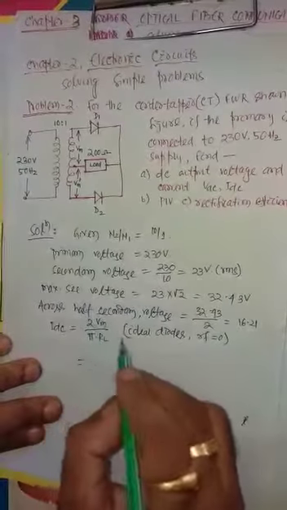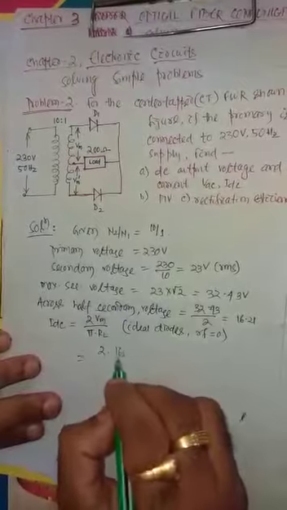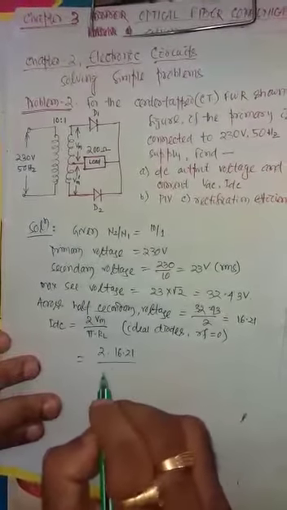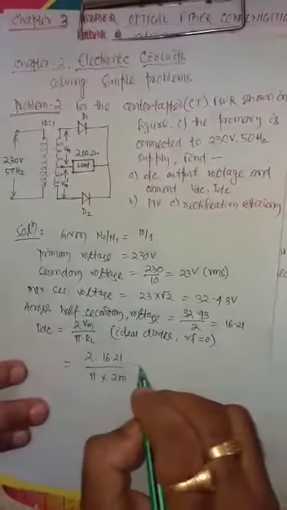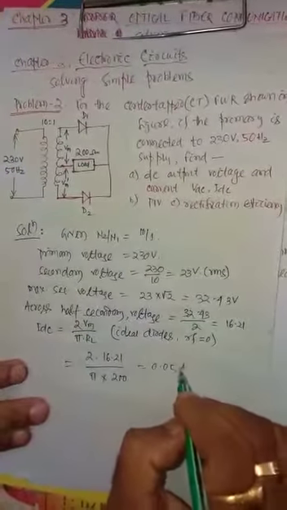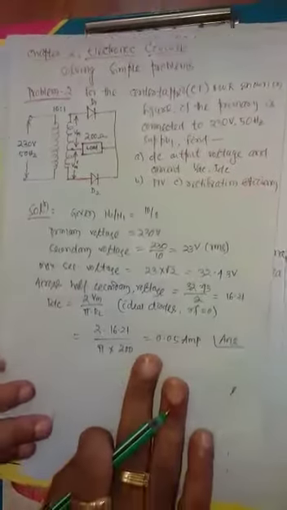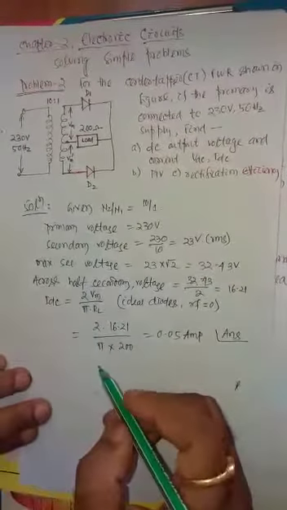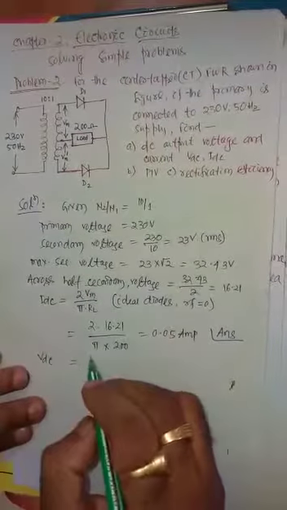So putting the values of Vm and RL, this is 2 into 16.21 divided by pi into 200, which is 0.05 ampere. This is the answer. IDC we have calculated. Next we'll go for VDC, the DC output voltage.